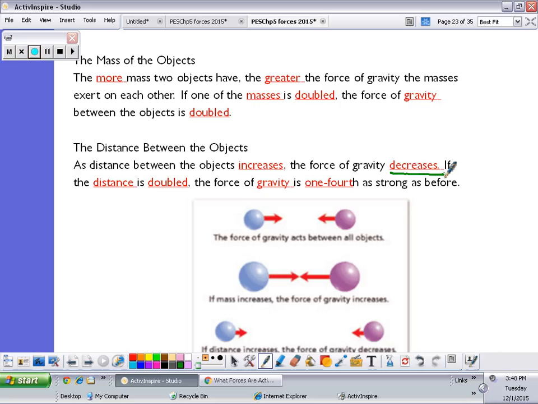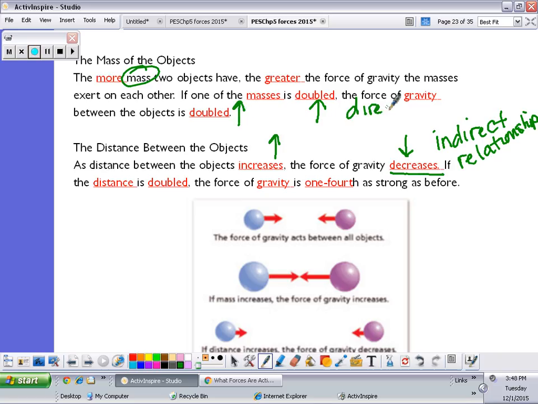So when one increases and one decreases, we call that an indirect relationship, remember. Whereas you're looking at mass, when the mass goes up, gravity goes up. So that's a direct relationship.